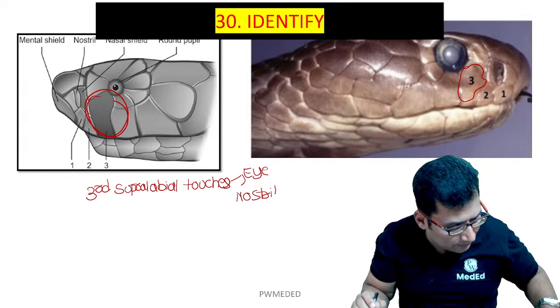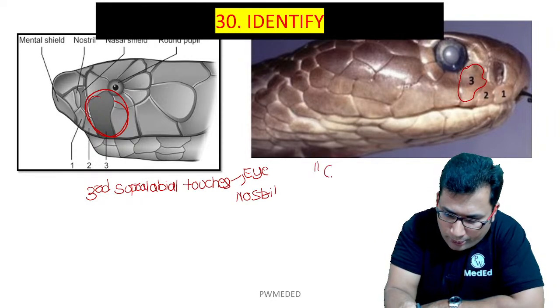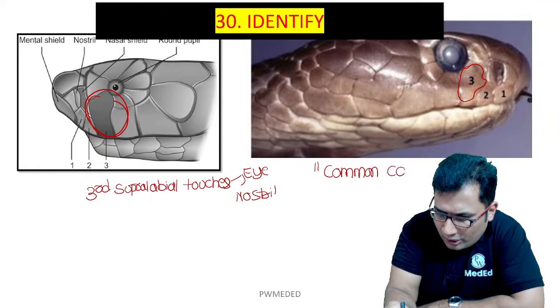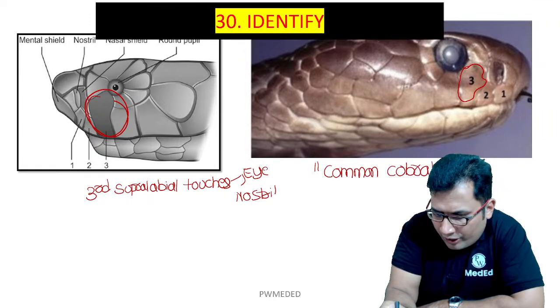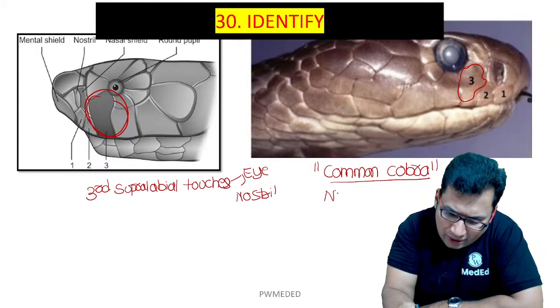Come on, Dr. VK and others. Yes, yes, come on. So this must be common cobra. Very good, Dr. VK. Common cobra is a neurotoxic snake.